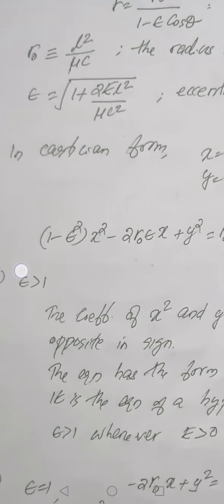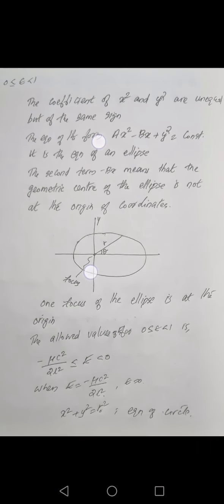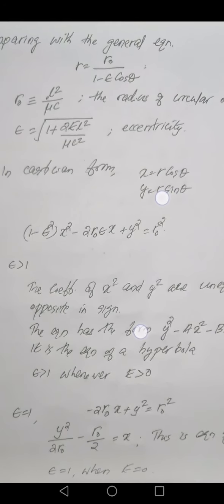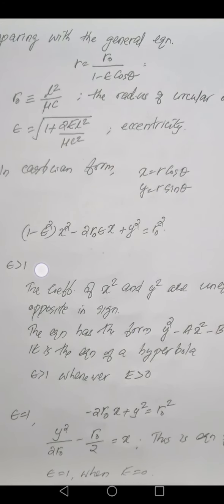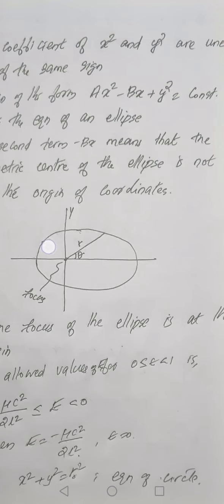That's the difference: the coefficients of x square and y square are unequal but of the same sign. Therefore the equation is of the form ax square minus bx plus y square equal to a constant, and this is the equation of an ellipse.